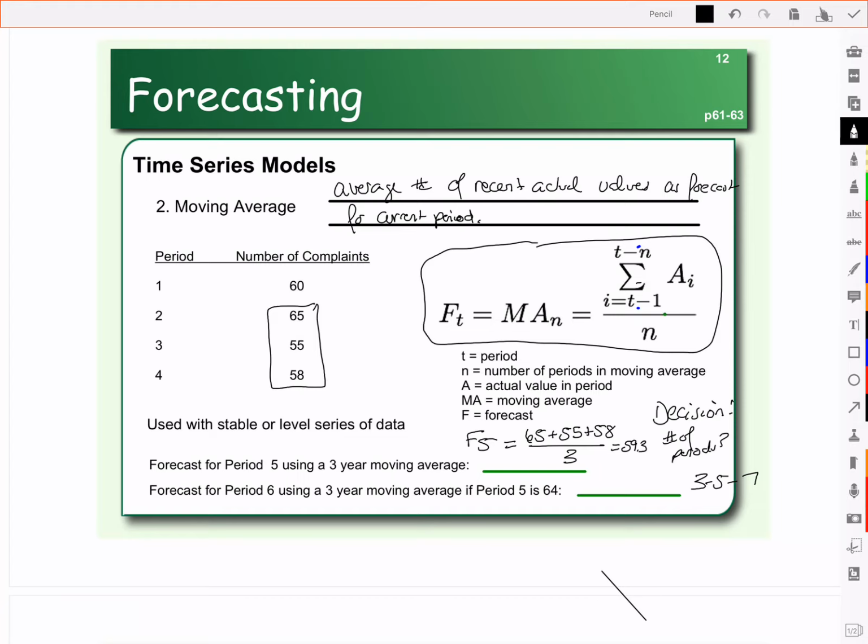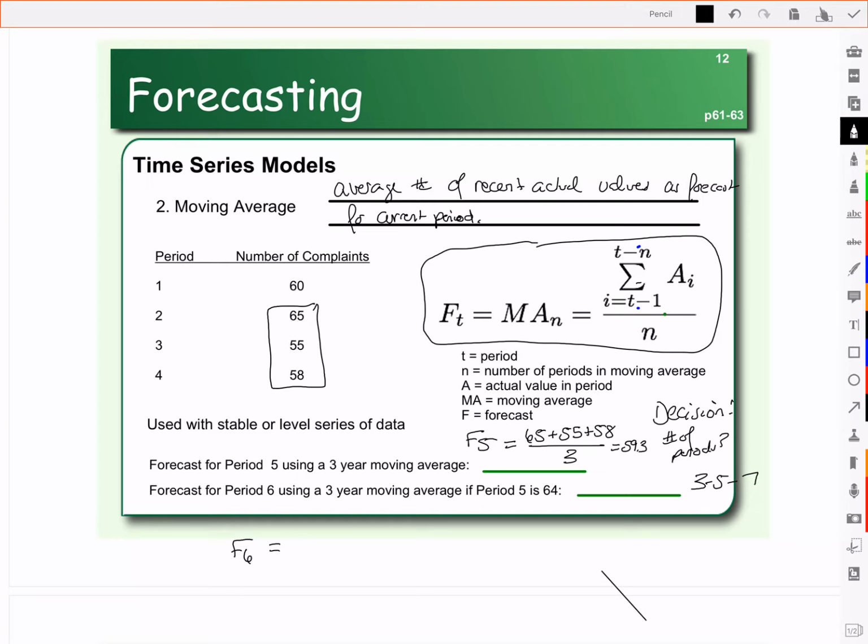Now, if we want to forecast for period 6, then we need to know what the actual data was for period 5. The actual data for period 5 was 64 complaints.